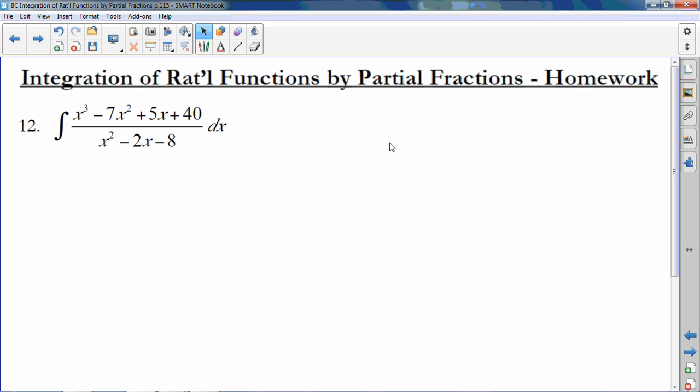Okay, today we are going to be looking at page 116 in your packet, integration of rational functions by partial fractions. And I'm going to start with number 12.